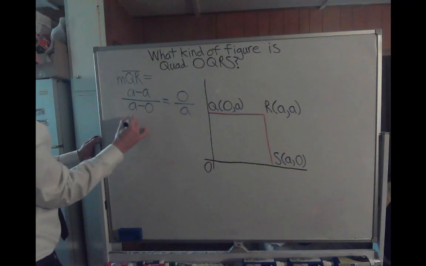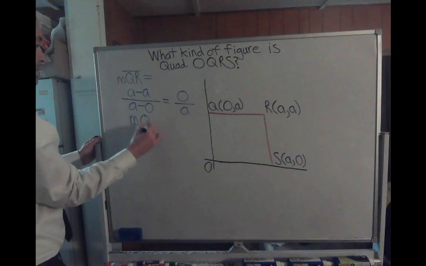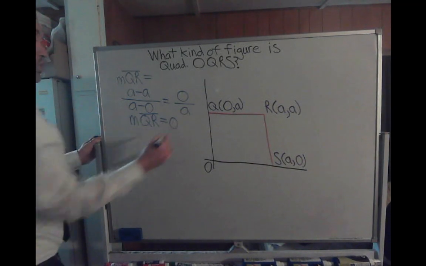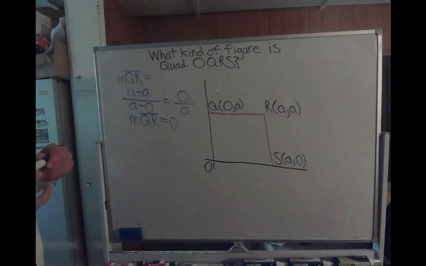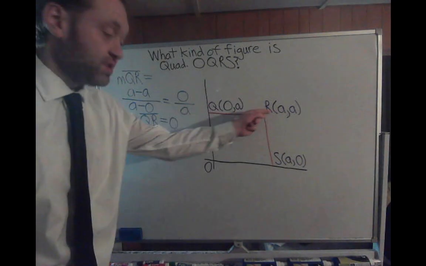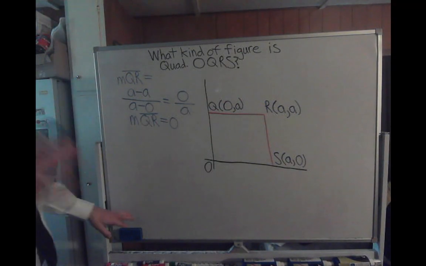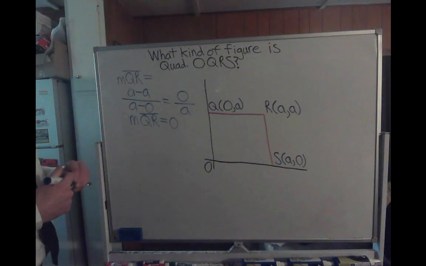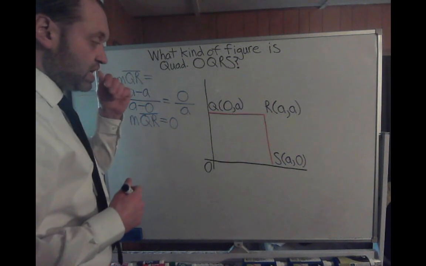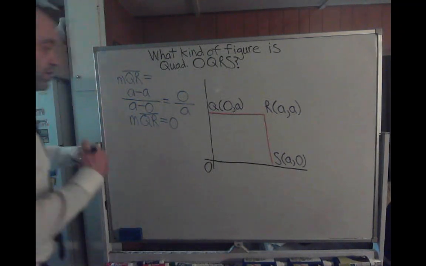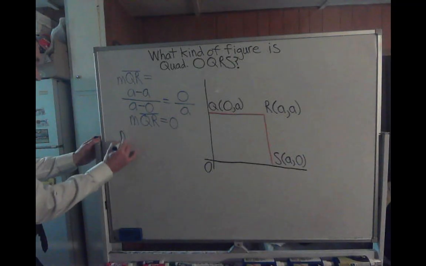So that means the slope of QR is equal to 0. So what does it mean to have a 0 slope? It's a flat horizontal line. Well, that's great. Now, why don't we take one of the lines adjoining it? Let's go with OQ.